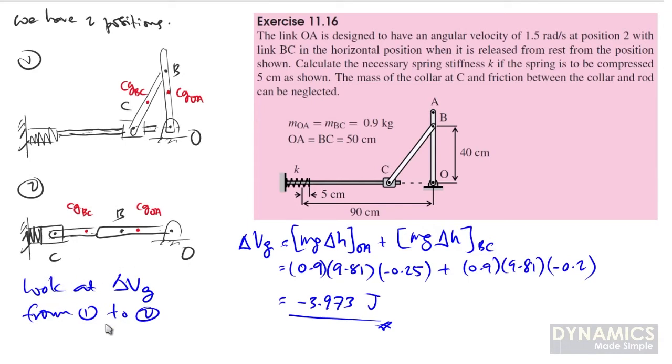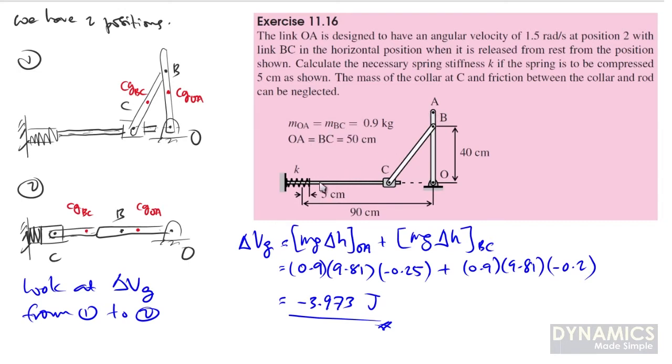Normally after delta U, I will always try to solve delta Vg first, because naturally this is the easiest one to solve. You just need to know the mass, where the mass is acting, and the change in height of the mass. So we have two members with mass, MOA and MBC.